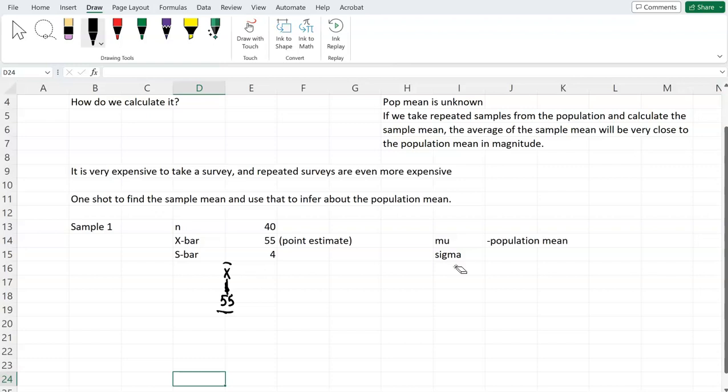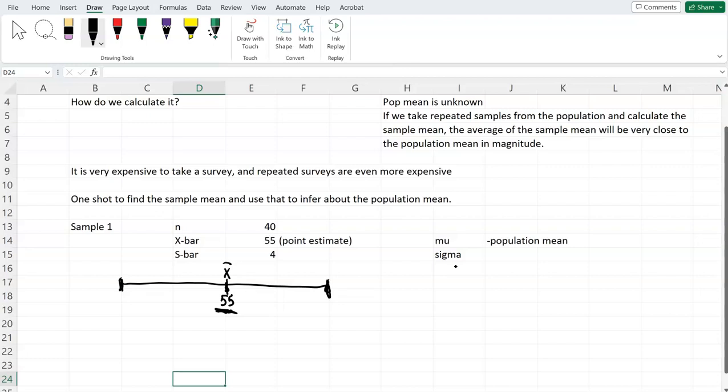Just taking one small sample of n equals 40, we will probably not get the actual population mean. But what we can do is find some kind of an interval, or a range, around this sample mean. This gives me a starting point, and I can say that I understand this is the sample mean, but it tells me that maybe the population mean is somewhere between these two limits.